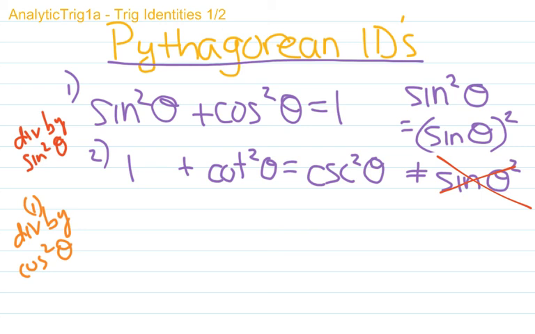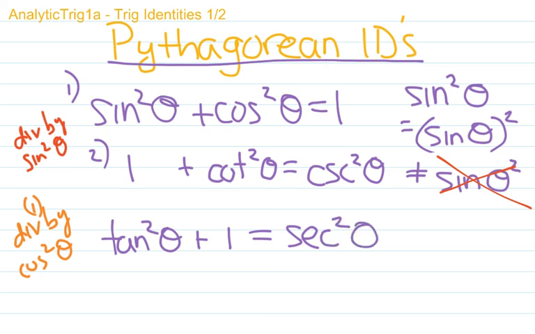Sine squared theta divided by cosine squared theta is tangent squared theta. Cosine squared theta divided by itself is 1. And 1 divided by cosine squared theta is secant squared theta. So this is going in that note beneath the line for you. So that's our third one.